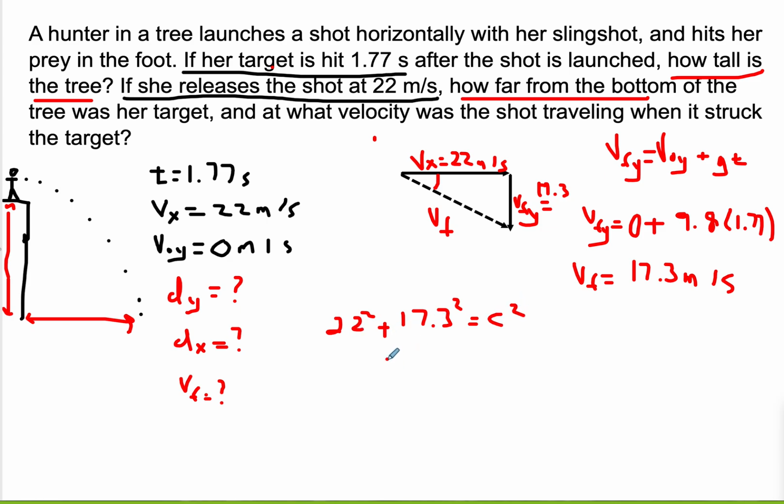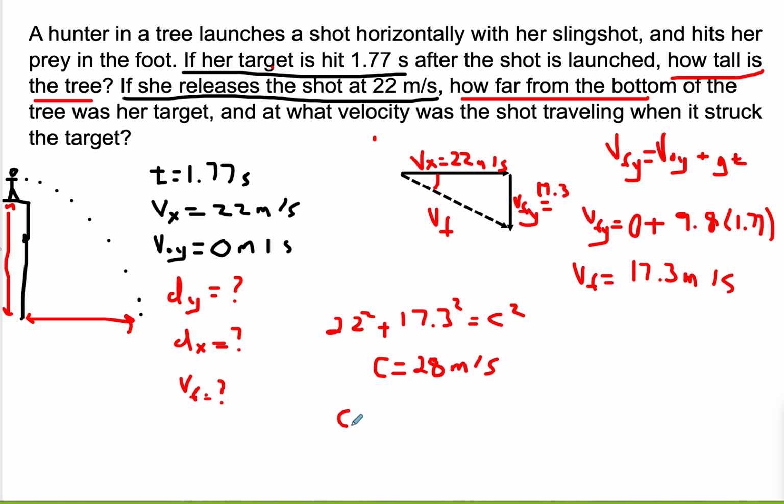So I punch that in my calculator, take the square root. Does anybody have the answer? I got 27.9, but I just rounded it to 28. Yep. Okay, I'm all right with that. So the actual speed will be 28 meters per second. If I had the radar gun, that's what it would read.